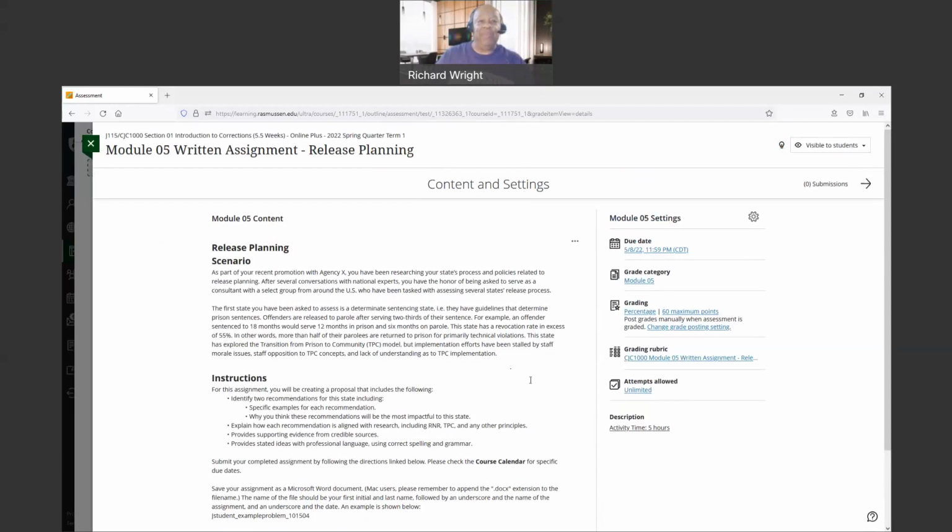And for this assignment, you'll be creating a proposal that includes the following: 2 recommendations for this state. Specific examples for each recommendation. Why you think the recommendations will be the most impactful in this state, and explain how each recommendation is aligned with research, including RNR, which we'll talk about, TPC, and any other principles.